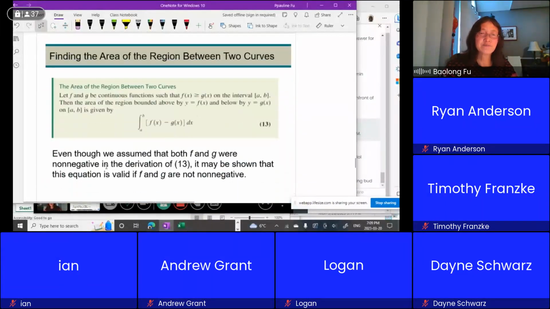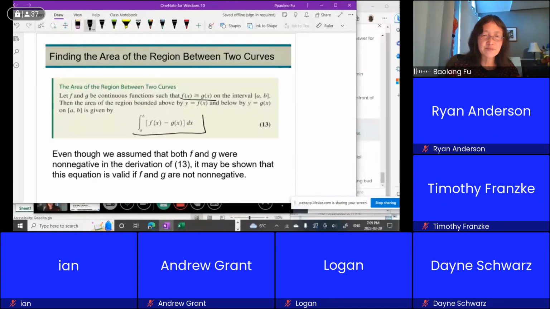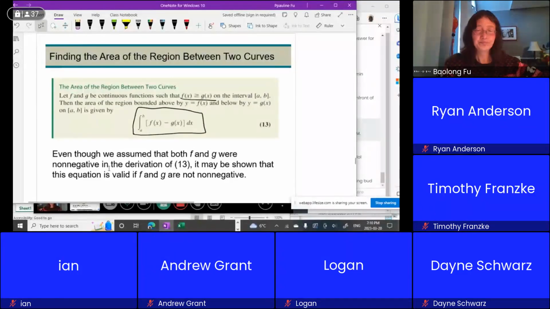So generally speaking, if f is greater than g, the area between f and g is here. Questions?